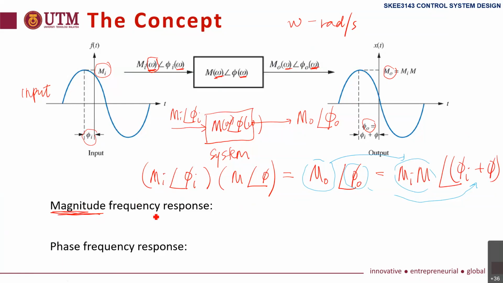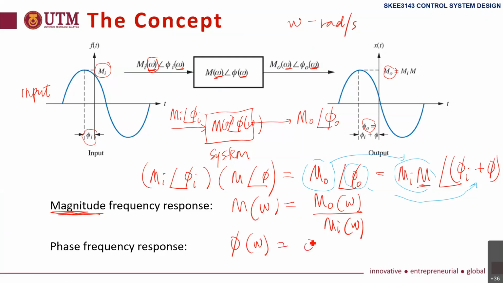Magnitude frequency response is this, M of omega, and if we look from here, it's actually M naught, M output, divided by M input, because we can equate M naught equal to M in multiplied with M. Similarly, phi here is phi naught, output, minus phi in. That is called phase frequency response.